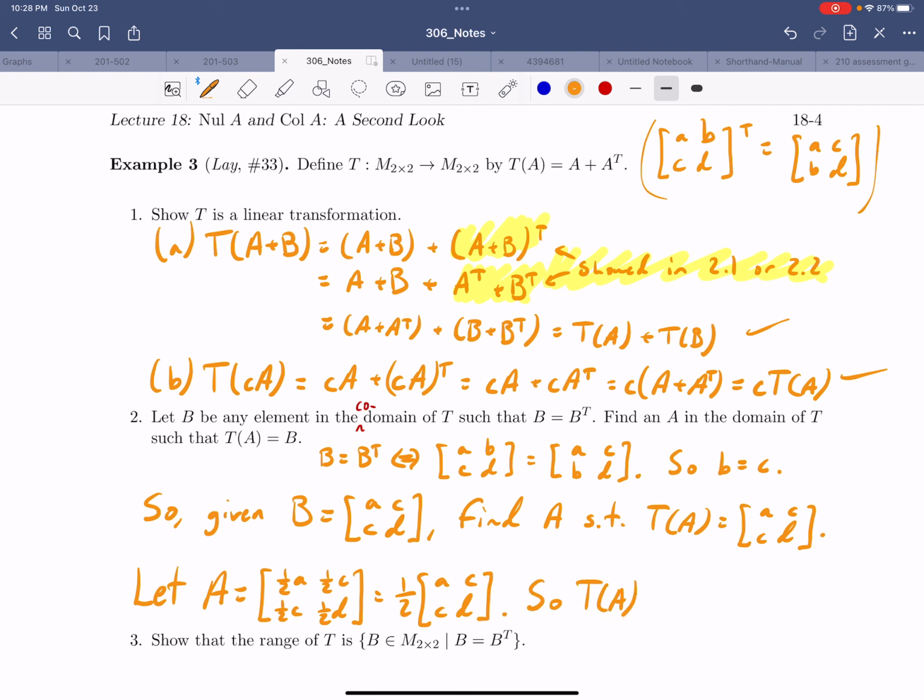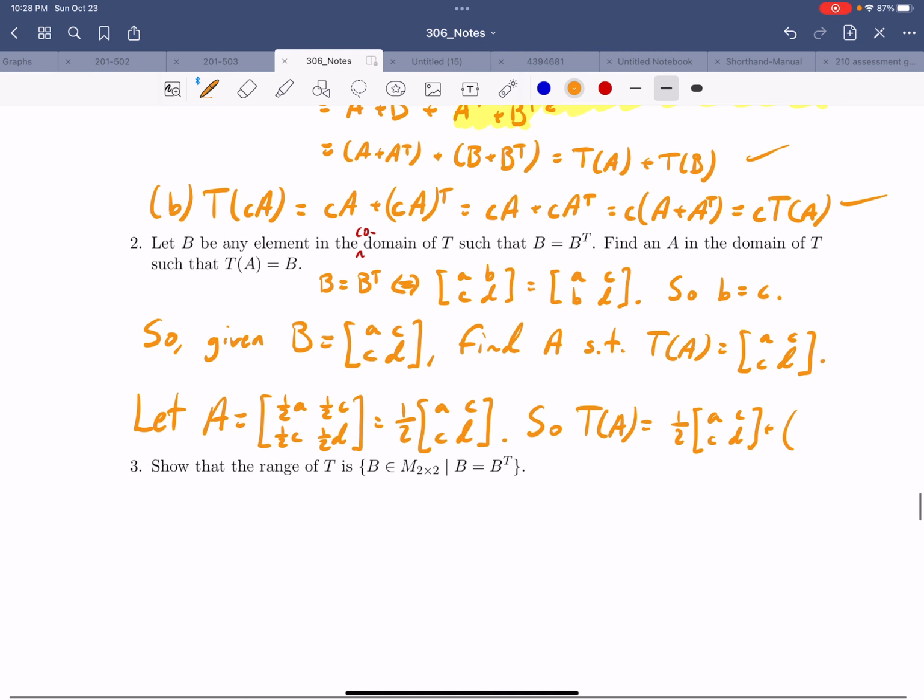That's going to be, what will that give us? 1/2 [a, c; c, d] plus its transpose, which is actually just itself. I'll write that down. I'll say, it's [a, c; c, d] transpose.